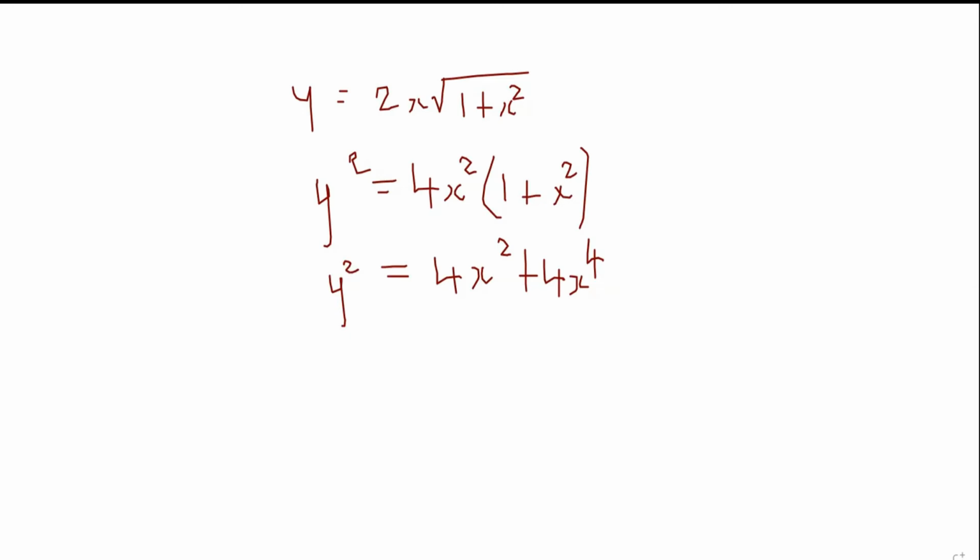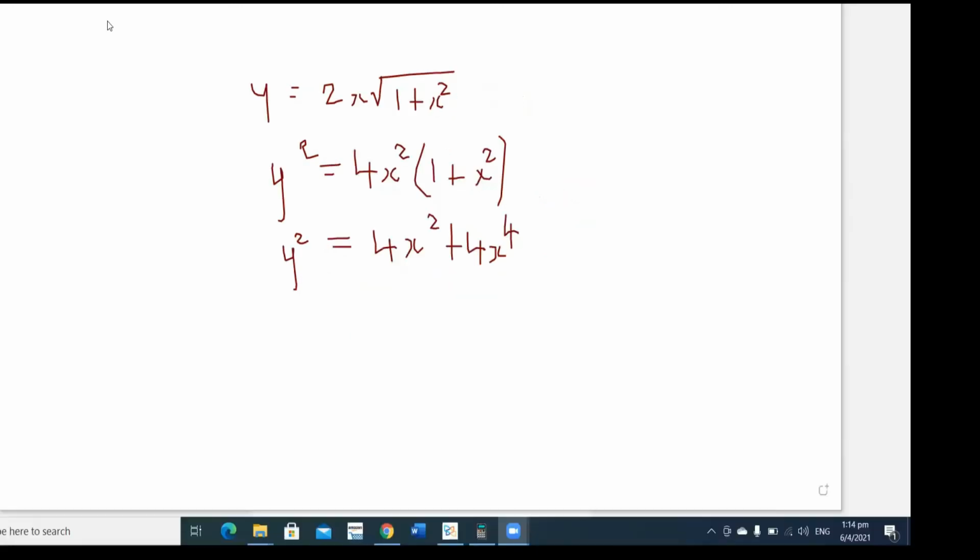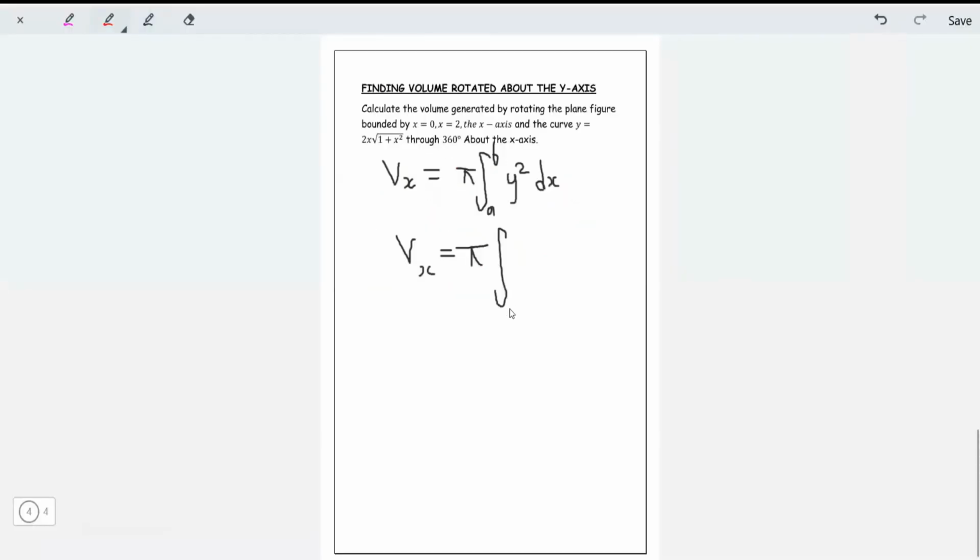So it's going to be pi times the integral from 0 to 2 of y squared. Y squared is going to be 4x squared plus 4x to the 4 dx. So that's how you find volume around the x-axis.